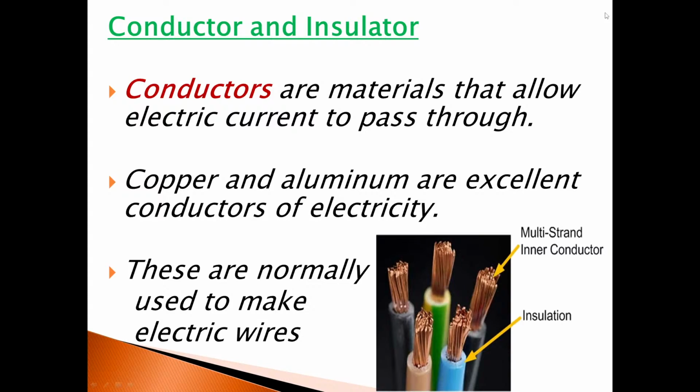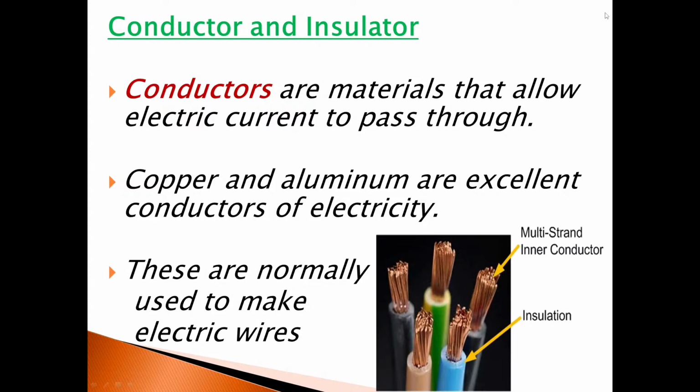Now you will realize that basically all electrical cables and electrical wires are made from some form of copper, and that is simply because copper has the ability to transmit or transfer a large amount of electrical current.